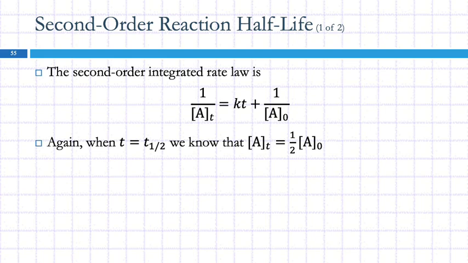Here's the second order integrated rate law. We can do the same thing to find the half-life equation. So for At, I'm going to sub in 1/2 of A0. And I'm going to go through this a little quickly because we're low on time.